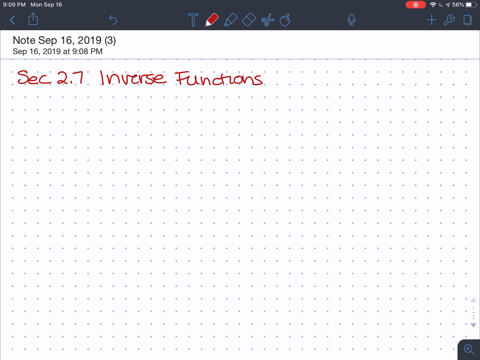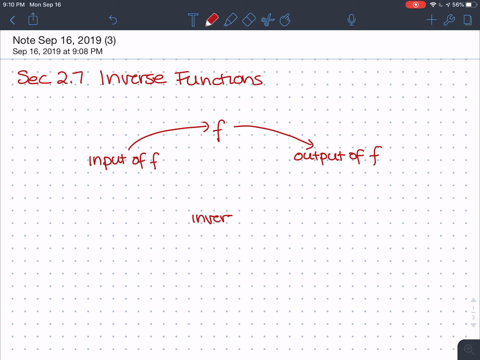Well, let's say that we have some function, and I'm going to call that function f, and we have an input of f. So we take some input value, we put it into f, and we get an output of f. Well, if we have an inverse function, so let's say we have the inverse of f, I should be able to take the output of f.